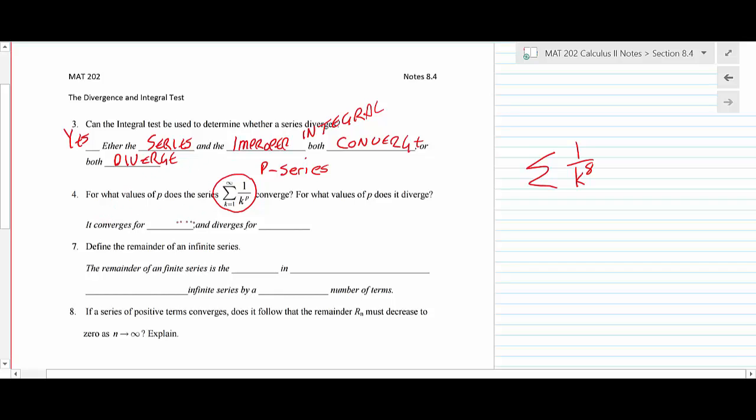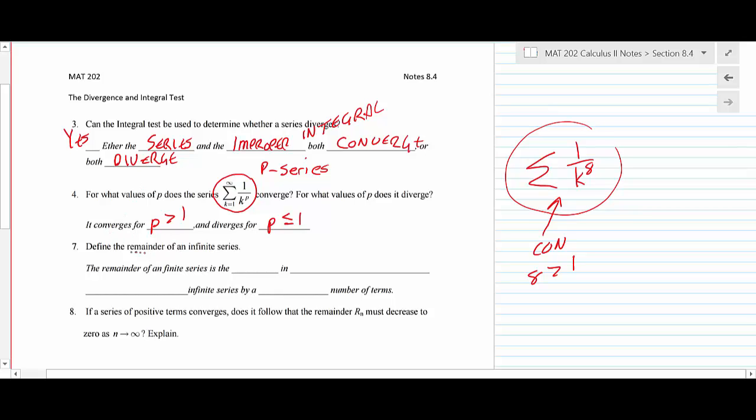And we said it converges when P is a certain value. Do you remember what we said on that? It's got to be greater than 1. Then it diverges when P is less than or equal to 1. So the problem we were working on previously was a P series, and it converged because 8 is greater than 1.